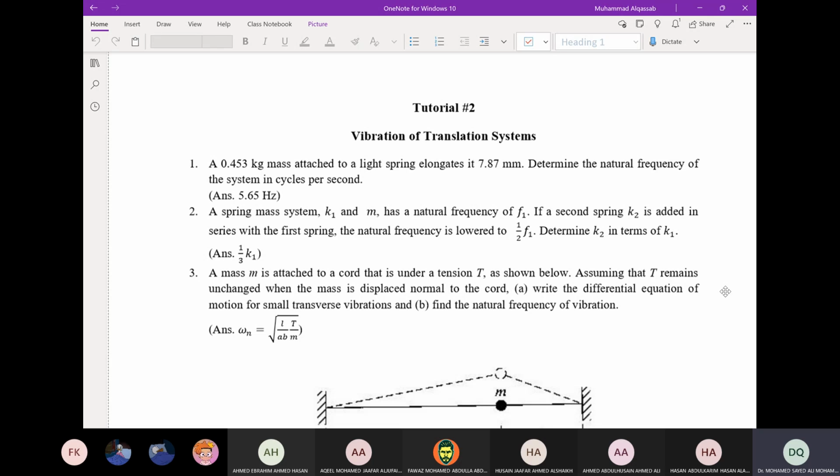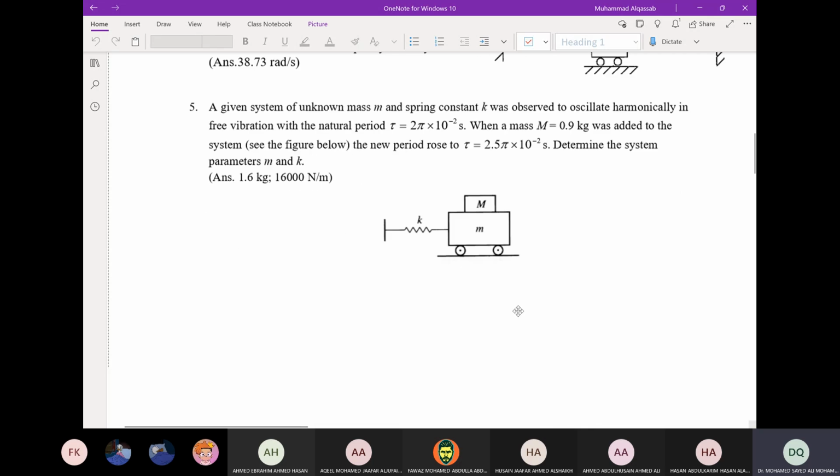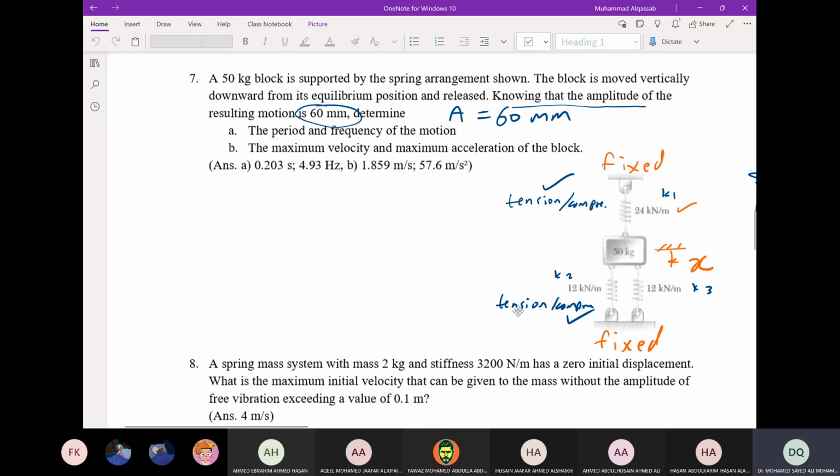Okay, and we saw last time that if you have an arrangement of springs, either in series or in parallel, then we can add the springs accordingly and come up with a spring mass system with an equivalent spring stiffness.